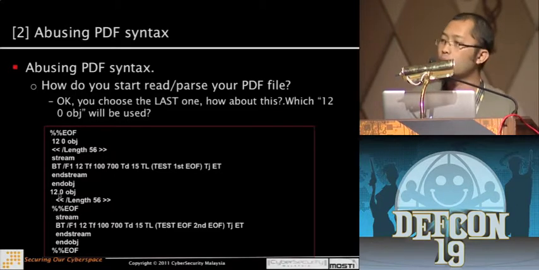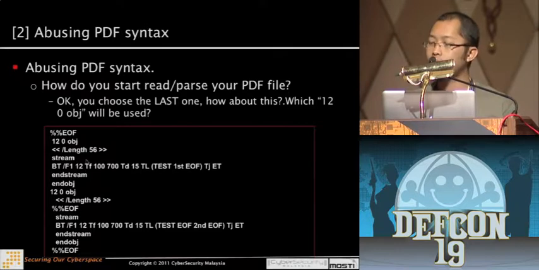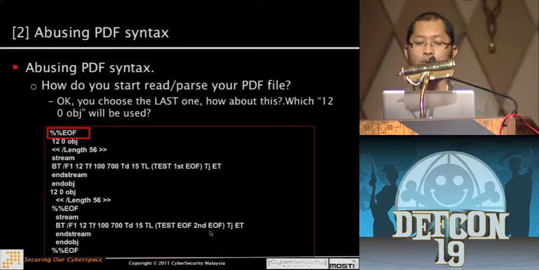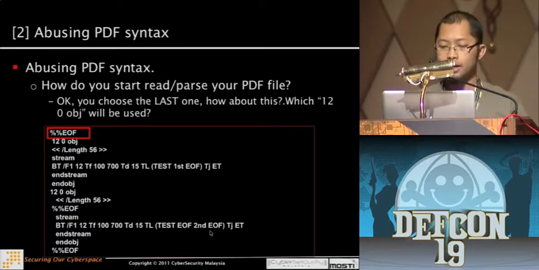So if you start from here, which data is now represented by the xref? It's represented by object 12. Because, for example, the first object 12 here has data that says test first xref file. The second one says test xref file, second xref file. I will show you a demo about this later on. And then another one here.